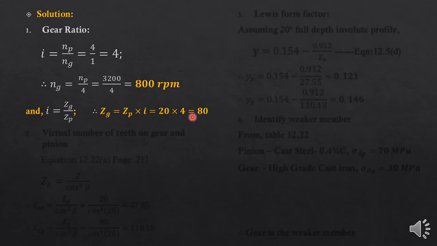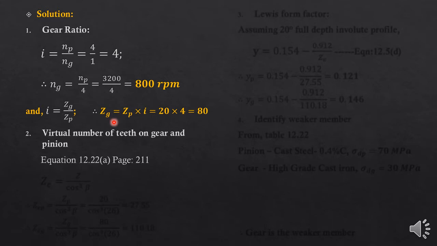Now this is the actual number of teeth in the helical gear, pinion and the gear, but for our design purpose, as I said before, we need to know the virtual number of teeth or the formative number of teeth. This we had derived in the previous PPT. In our handbook, the same formula is available as 12.22a, page number 211.